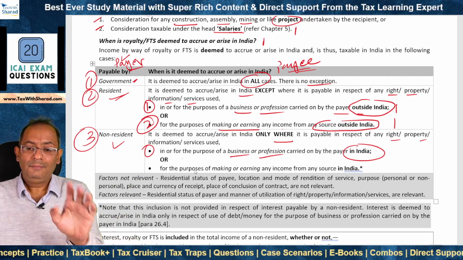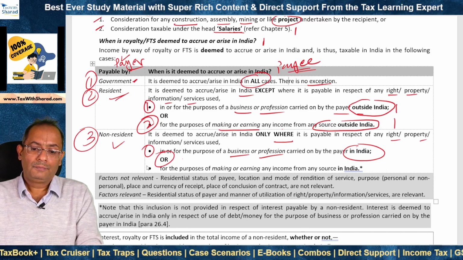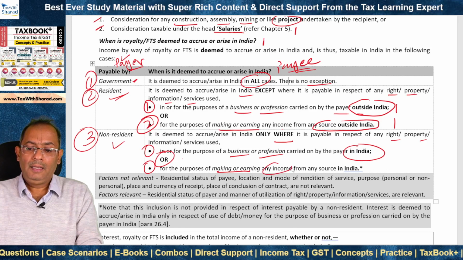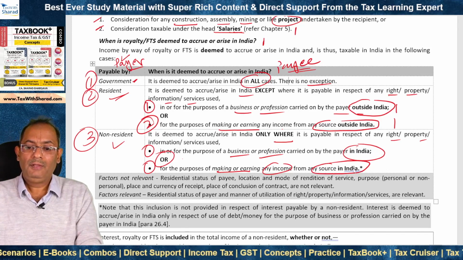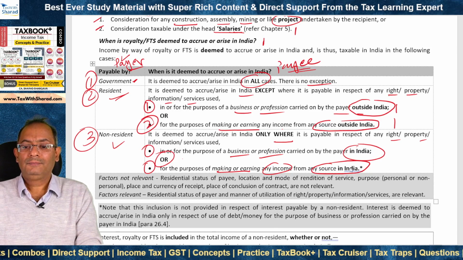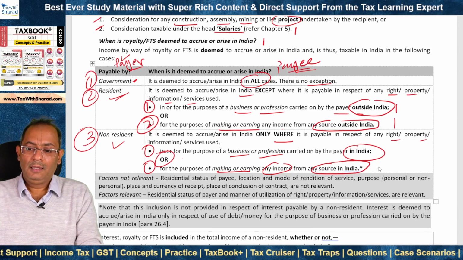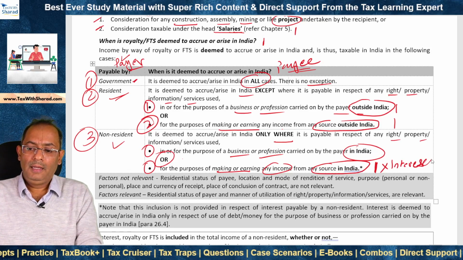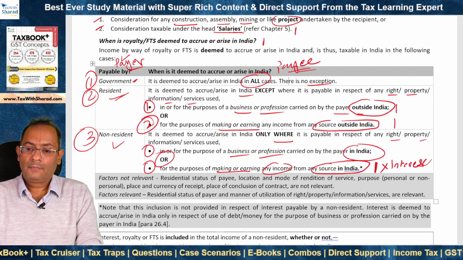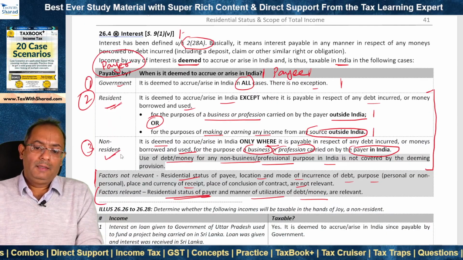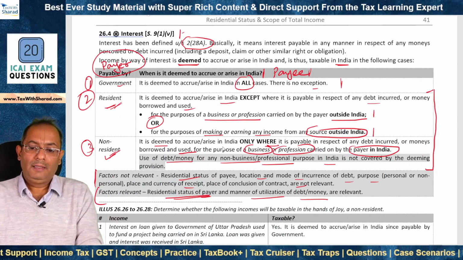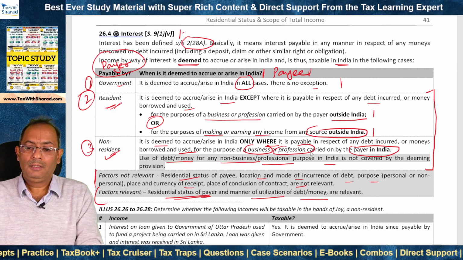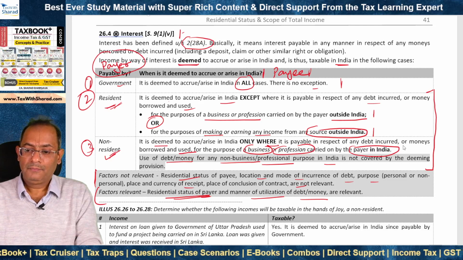But there is an additional criterion as well. Or number 2, where the use is for the purpose of making or earning any income from any source in India, even then the royalty or FTS is taxable in the hands of the payee in India. Now this point is missing in the case of interest. In the case of interest, what we saw is that where the payer is the non-resident, then interest is deemed to accrue or arise in India only where the use is in business or profession carried on by the payer in India.